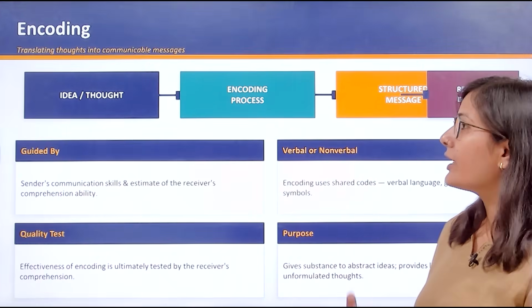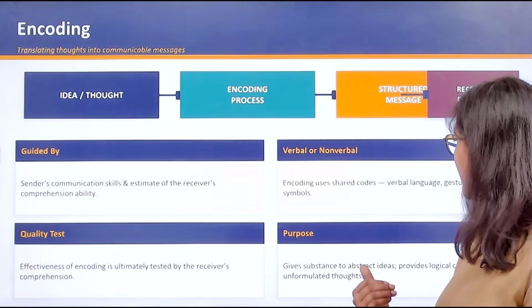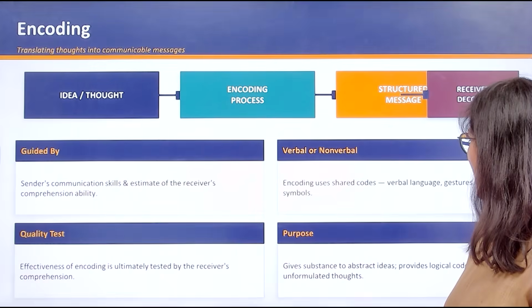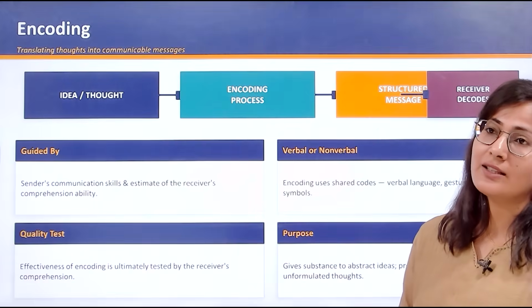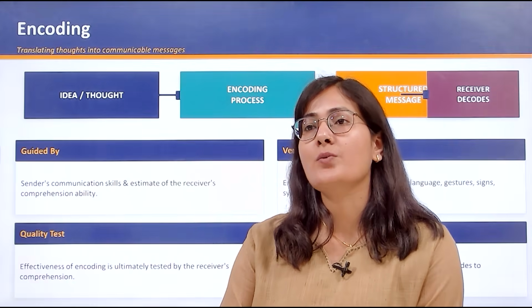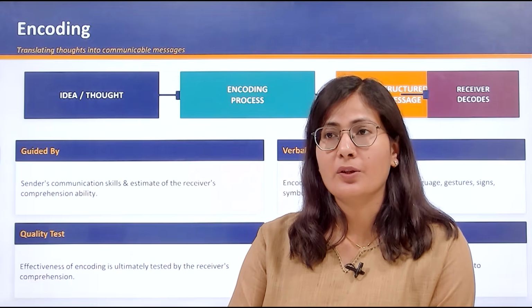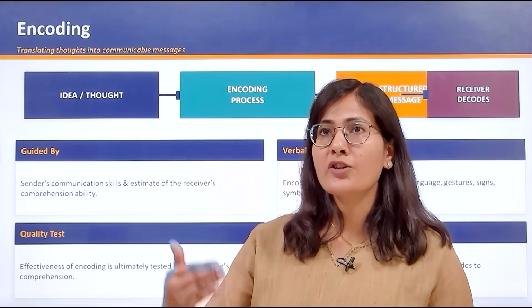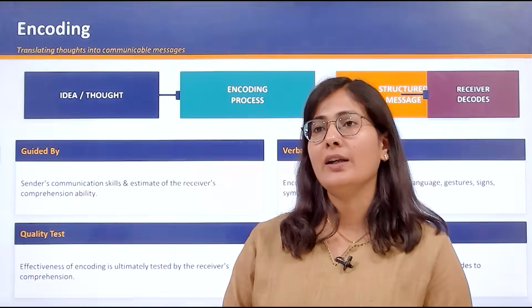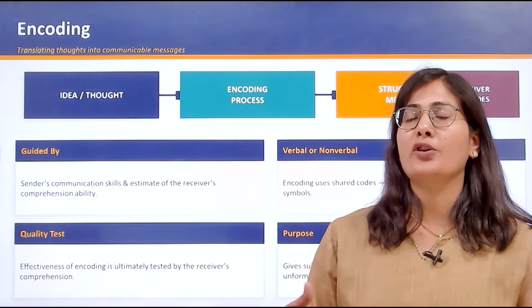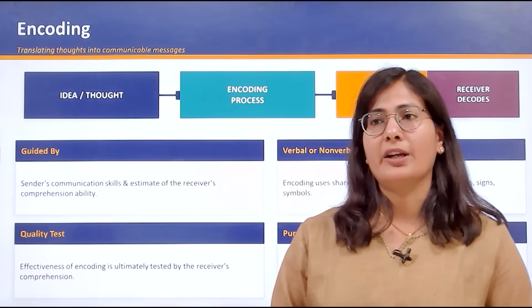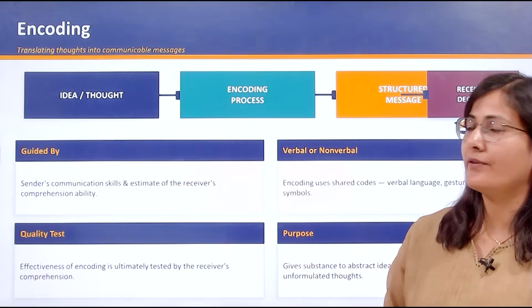The purpose of encoding is to give substance to abstract ideas and provide logical codes to unformulated thoughts. So the very purpose is to give proper structure and shape to those abstract ideas, into a concrete form, in order to transmit it or communicate with your receiver.